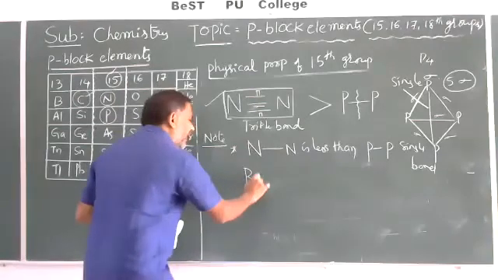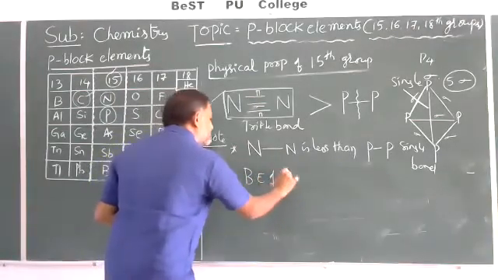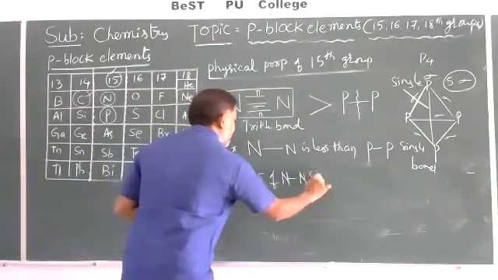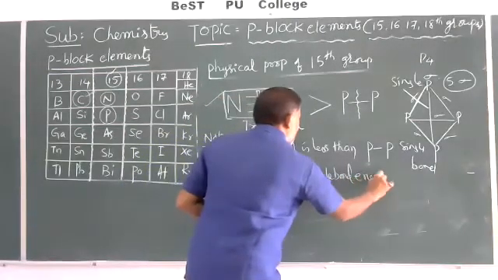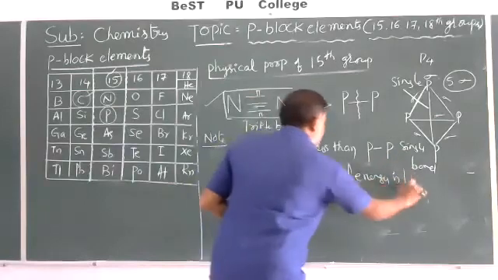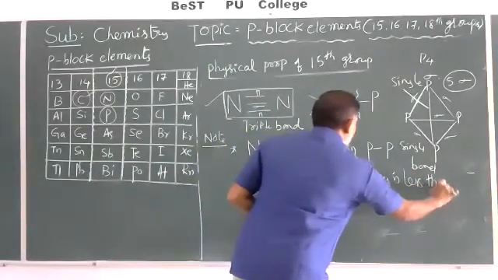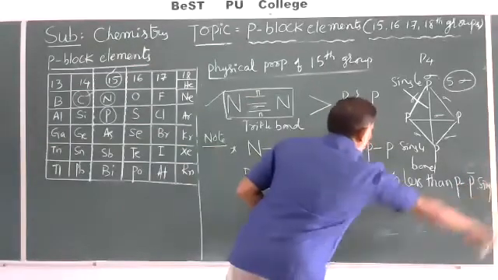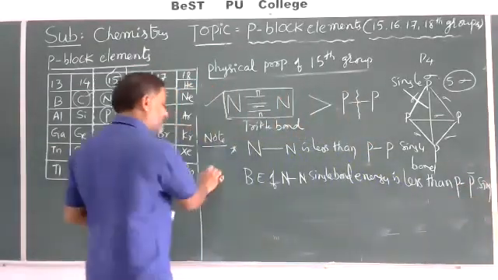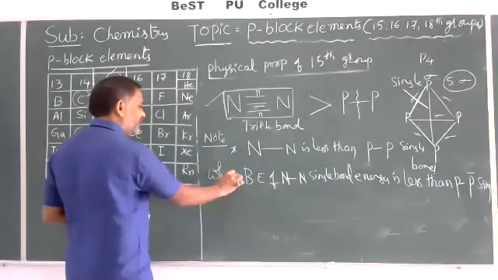So the bond energy of the nitrogen single bond is less than the phosphorus-phosphorus single bond energy. Why? Give reason. Very important 2 marks question.